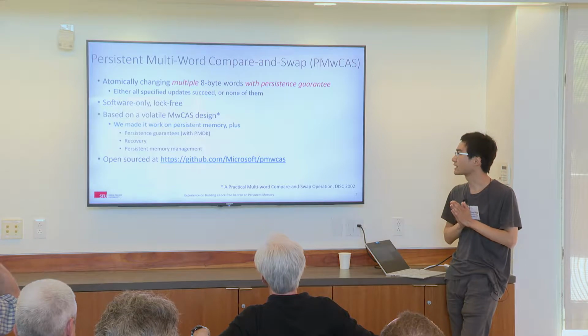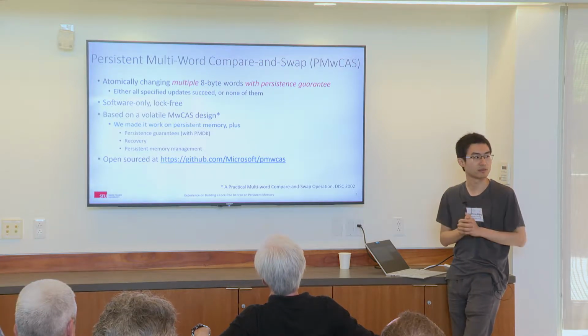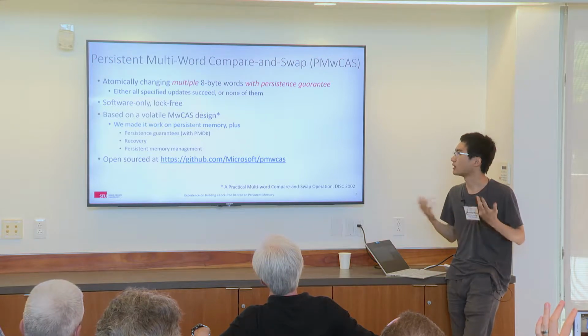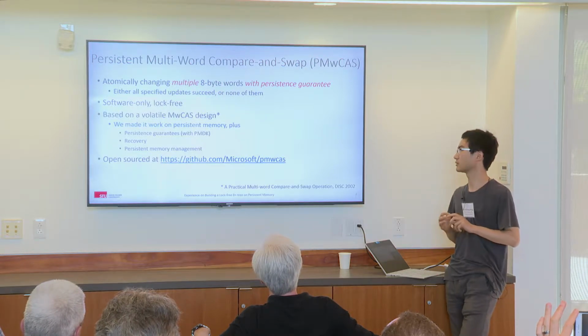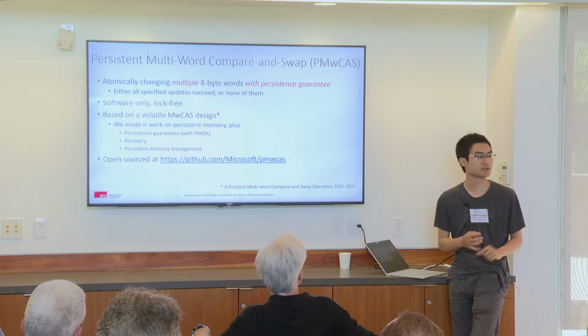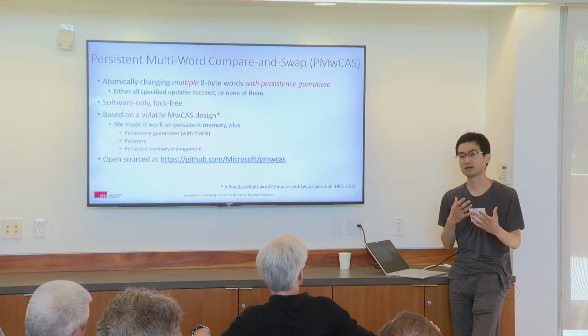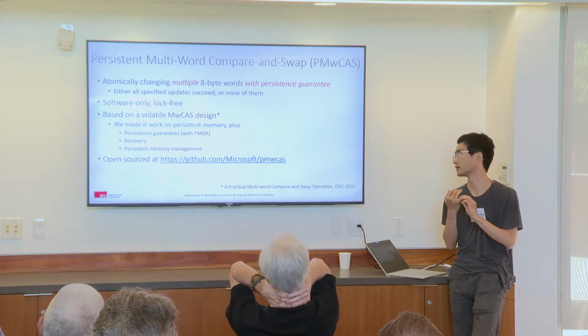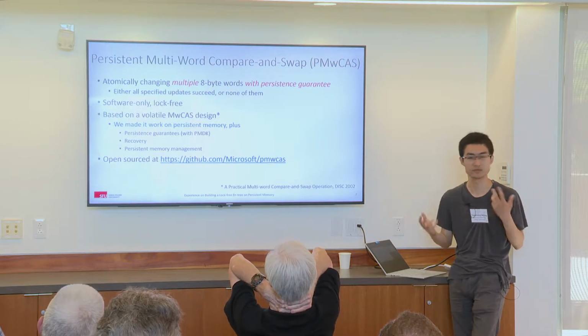We based it on a previous proposal by Tim Harris and others in the early 2000s, and we made it work on persistent memory. Basically, we used PMDK to manage the persistent memory space, including things like pointers. We're using persistent pointers so that we don't need to worry about these things.